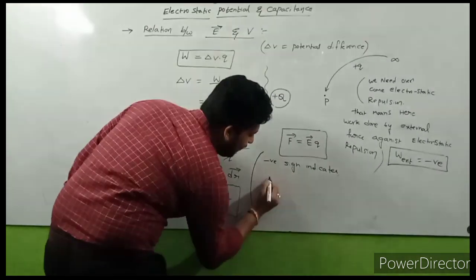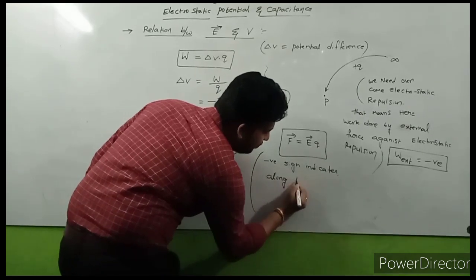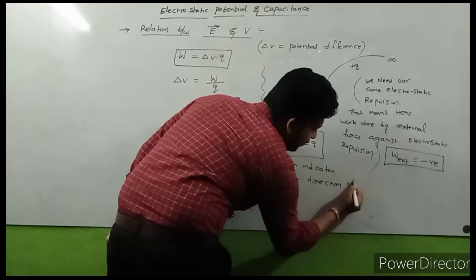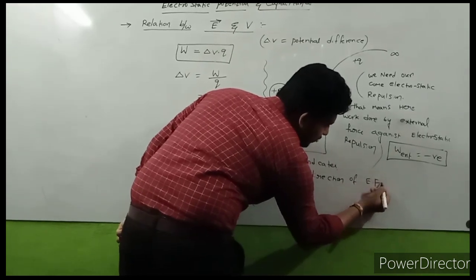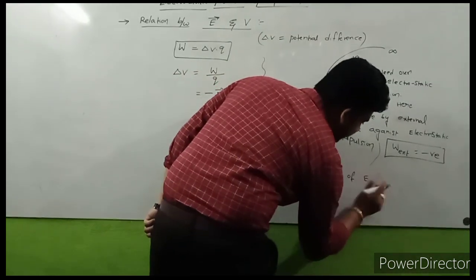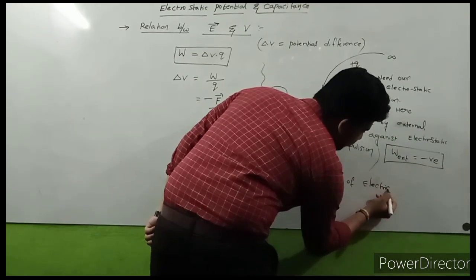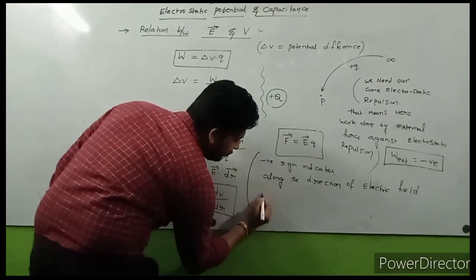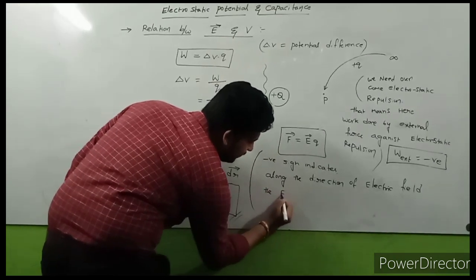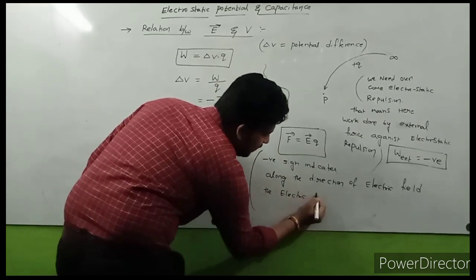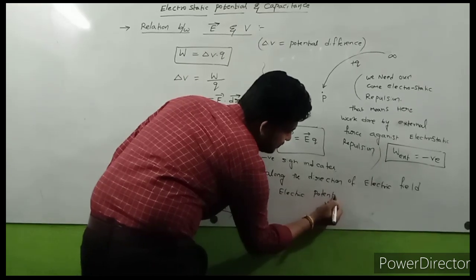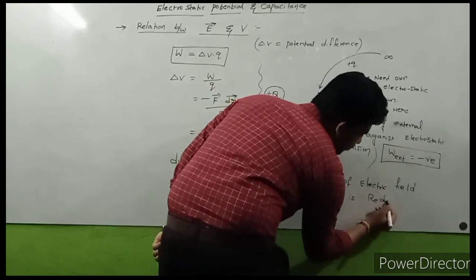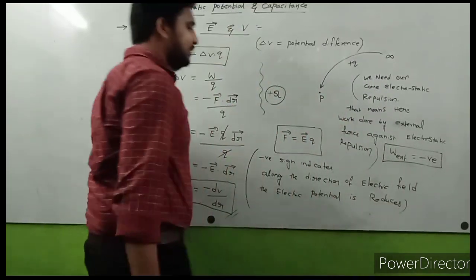That means along the direction of electric field, the electric potential reduces.